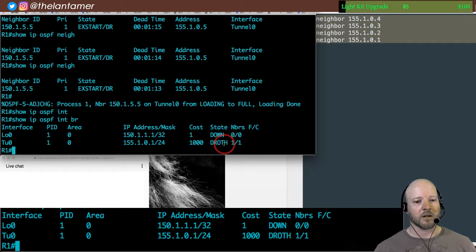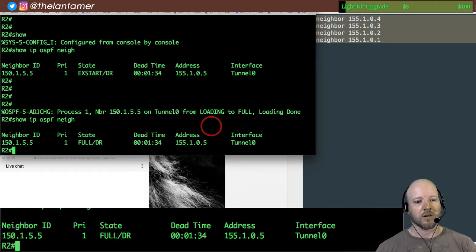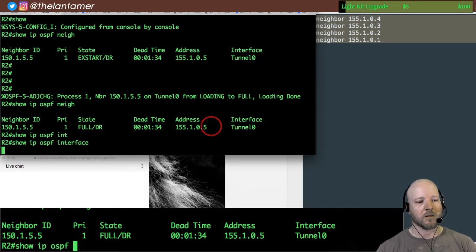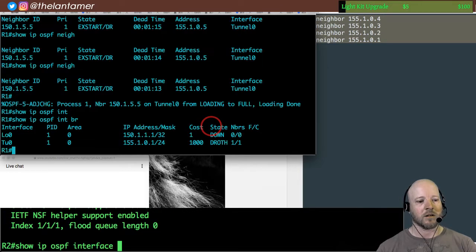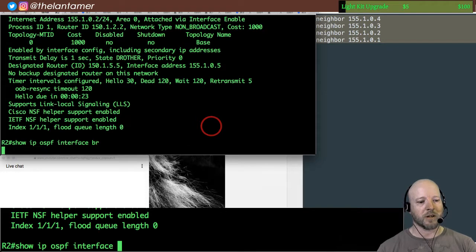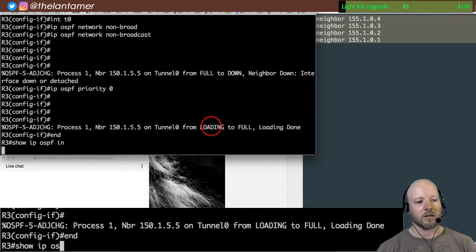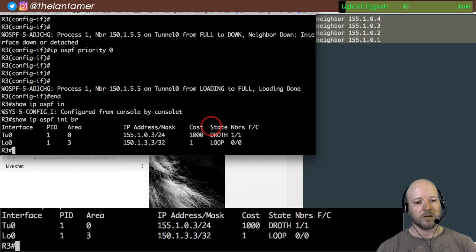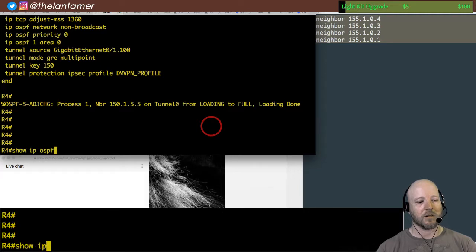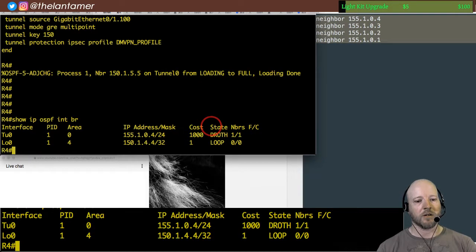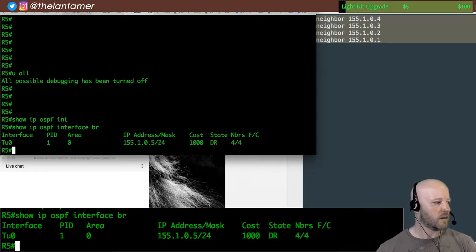Interesting. Okay. Now, does that mean... show IP OSPF interface brief, DR other, DR other, okay, DR other, DR. Yeah, see, these are supposed to be BDRs.